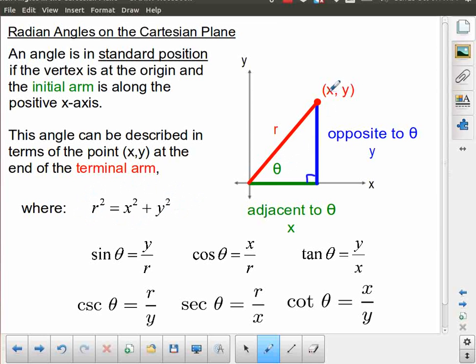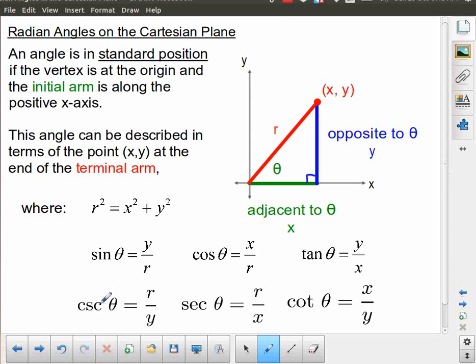So we can make a relationship between x, y, and r and this angle theta, because if I take these three sides and I label them opposite, adjacent, and the r value, I can use sine theta equals opposite over hypotenuse. I end up with y over r. I end up with x over r for cos and y over x for tangent.